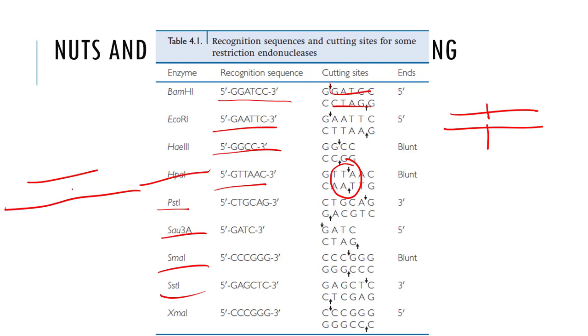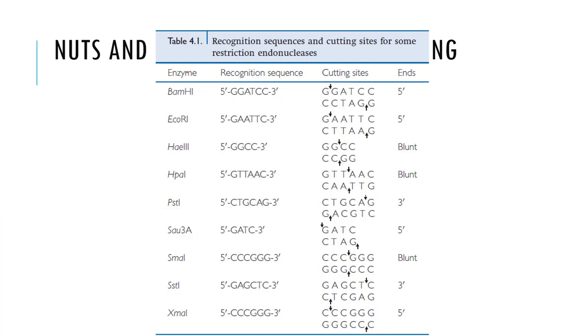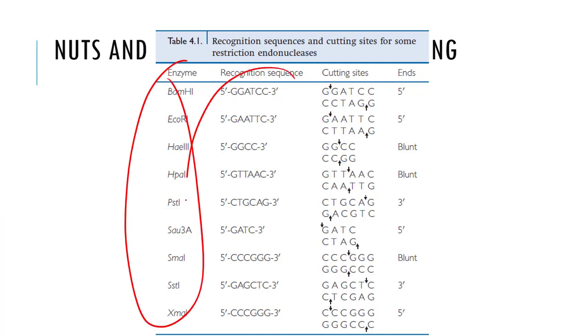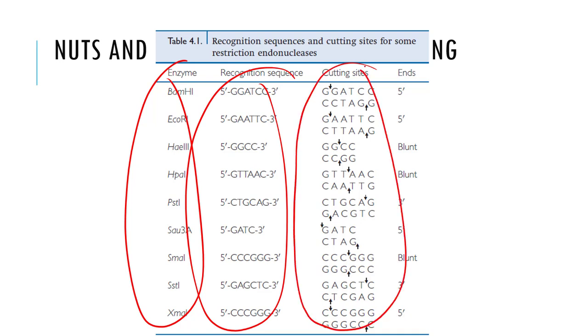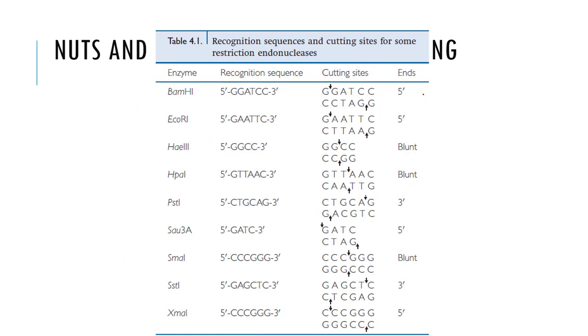These are hanging overhangs which help in the ligation. So these are various enzymes, their recognition sequences, where they make their cuts in that particular recognition sequence, and what kinds of ends they create.